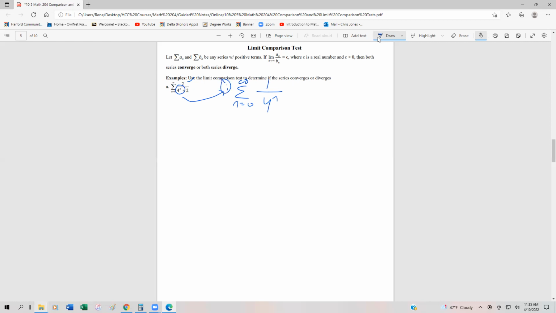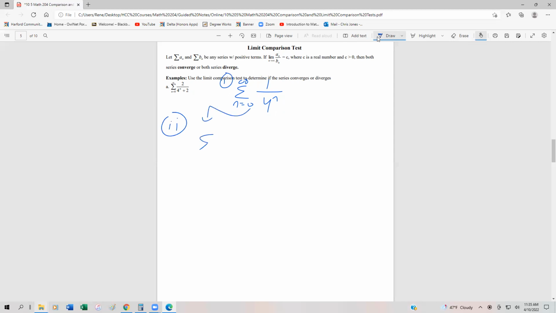And the sequences that we're using are 1 over 4 to the n, and then 2 over 4 to the n plus 2. Next thing we're going to determine is, well, what's the behavior of the compared series?